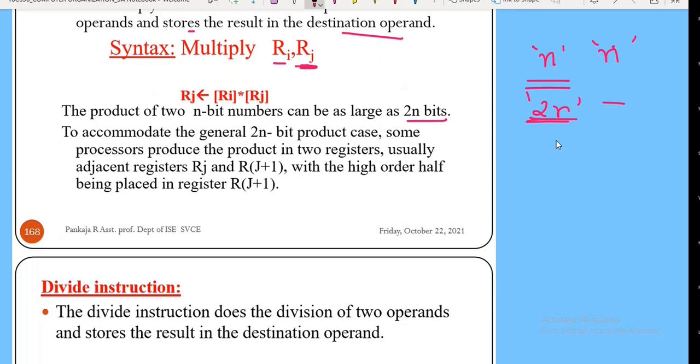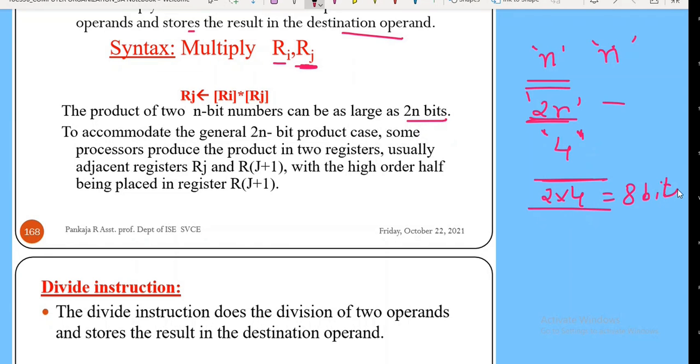When you are multiplying two 4-bit numbers, what should be the product size in terms of bits? 2 into 4, 2n I told, so 8 bits.